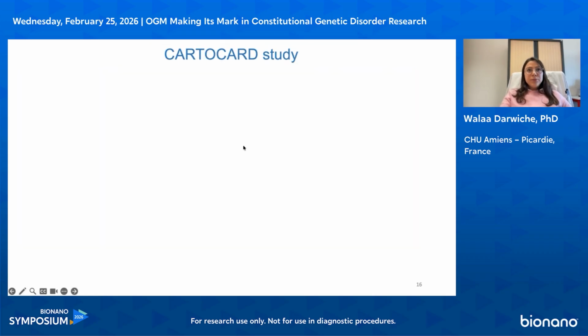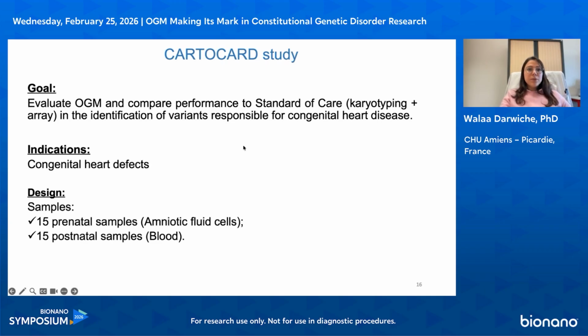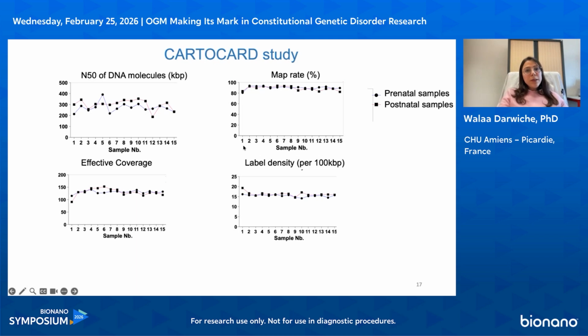Following validation, we initiated a project called CartoCard, aiming to evaluate the performance of optical genome mapping in congenital heart disease. We analyzed both prenatal and postnatal samples obtained from amniotic fluid and blood samples. So first, we compared quality metrics between prenatal and postnatal samples.